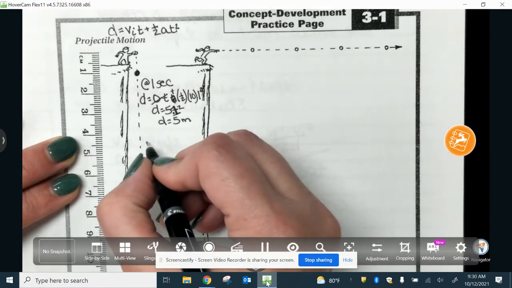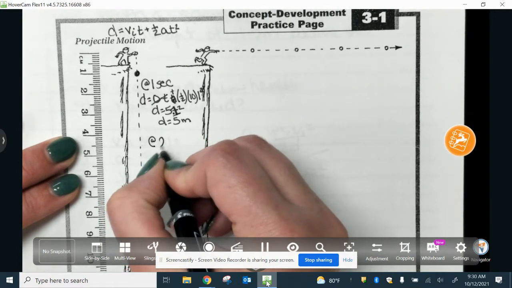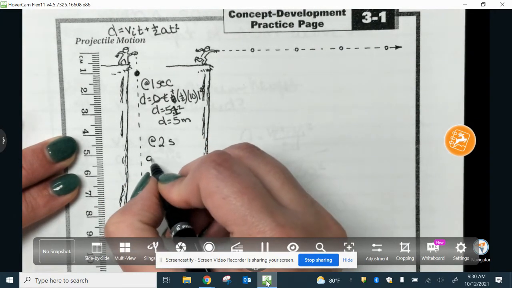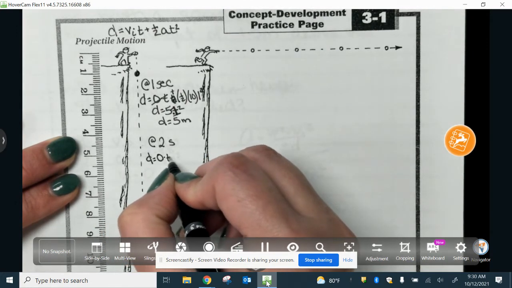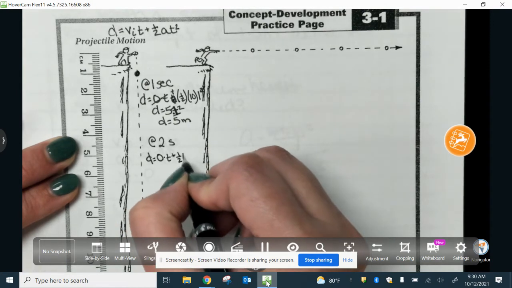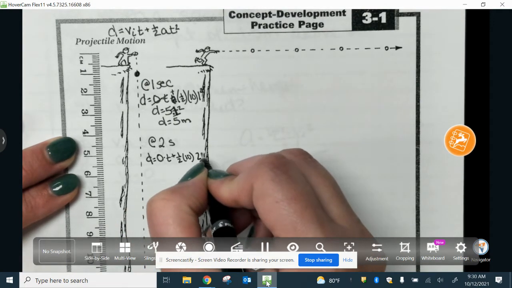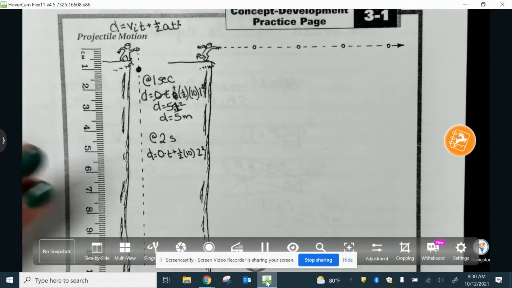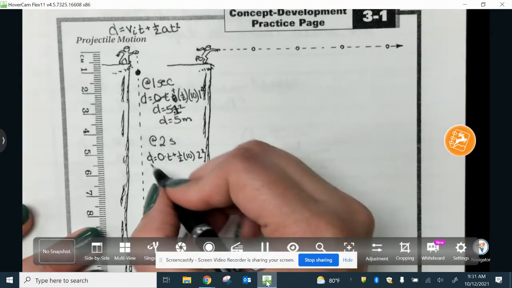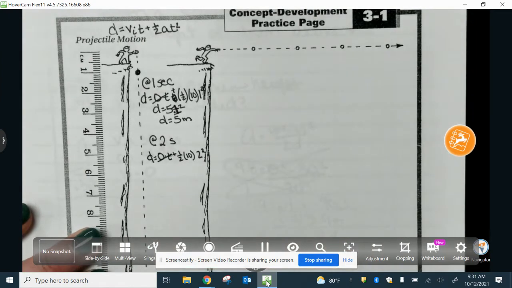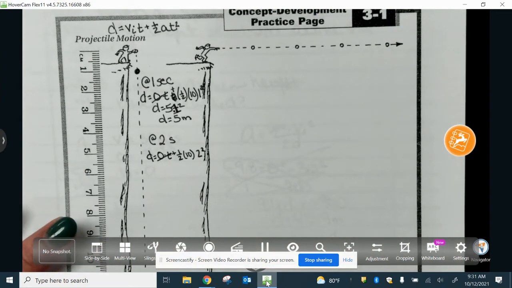All right, at 2 seconds. Same formula. This time I'm plugging everything in. I have 0 times time, which I know is 0. It doesn't matter if time is 2 or 87, 0 times any number is 0.